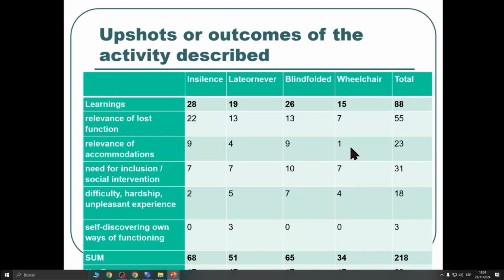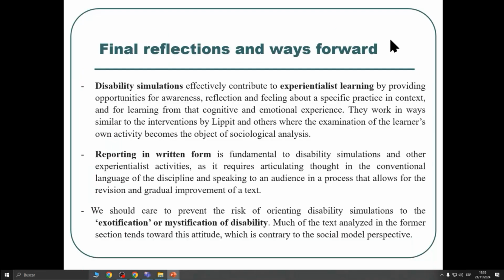And there is very little learning concerning the relevance of accommodations for people doing the wheelchair activity, which is also interesting because there would be so much to say about accommodations for physical impairments and movement.